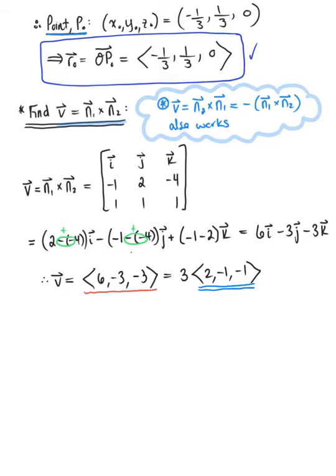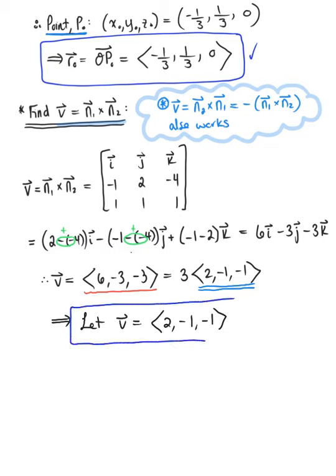That's entirely up to you. And why is this okay? Well, these vectors are scalar multiples, so they're parallel. So I'm going to let my vector v be the smaller vector, 2, -1, -1. This is great. We can use this vector because it's parallel to the vector that we just found.